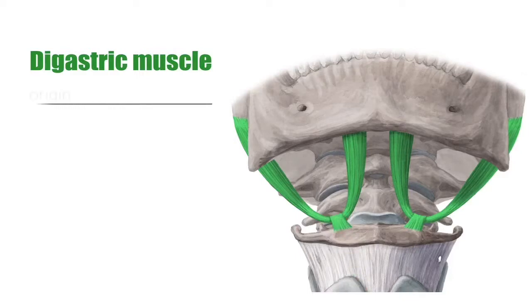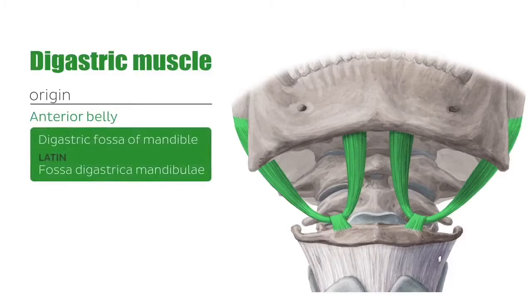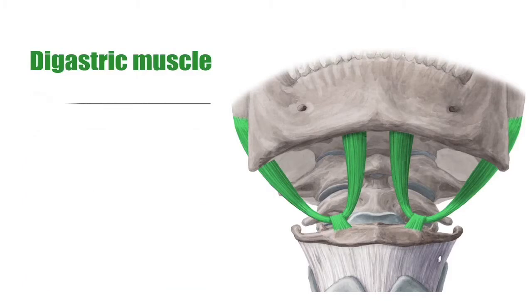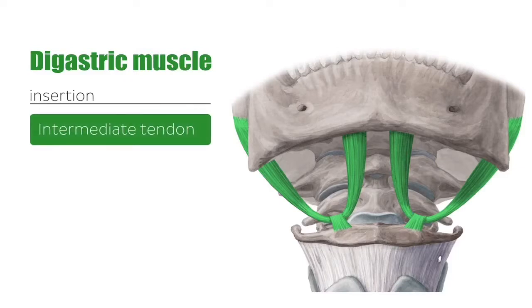Now in terms of the origin points for this muscle, the anterior belly will originate from the digastric fossa of the mandible, and then the posterior belly will originate from the mastoid notch of the temporal bone. When it comes to the insertion point for the digastric, these two bellies will insert at that intermediate tendon. So this is what we consider the insertion point for this muscle.